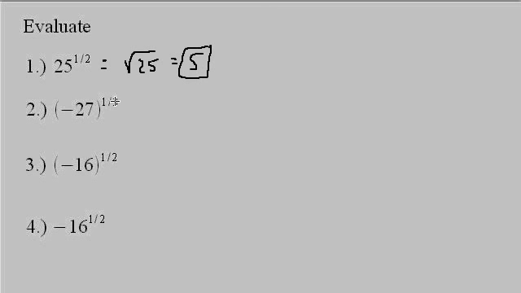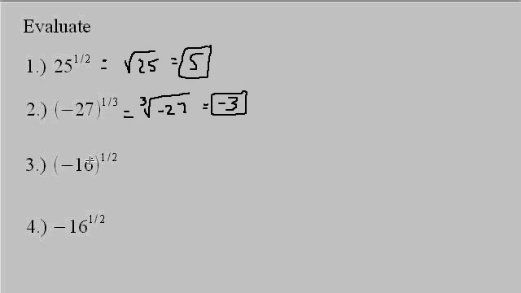Now let's look at this one, negative 27 raised to the 1/3. So this is the cube root of negative 27, and then the cube root of negative 27 is negative 3.